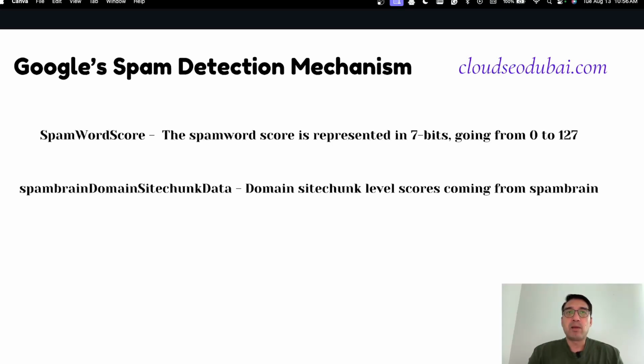And the SpamBrain domain site chunk data indicates that Google is using AI to identify spammy domains. What's happening here is that Google is using a combination of specific words and AI to identify spammy domains.